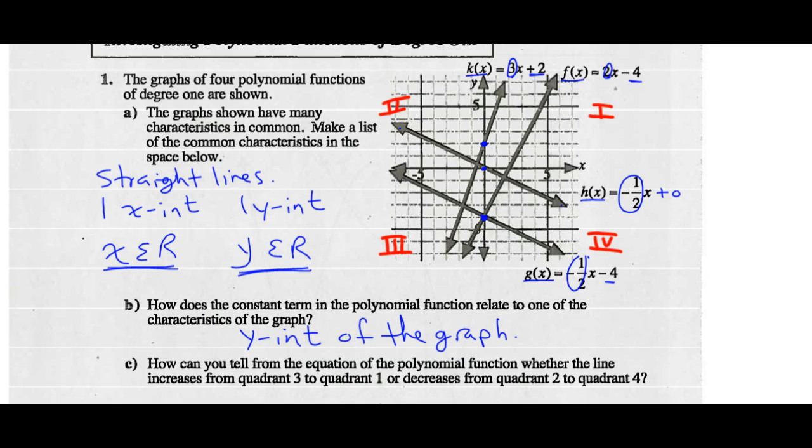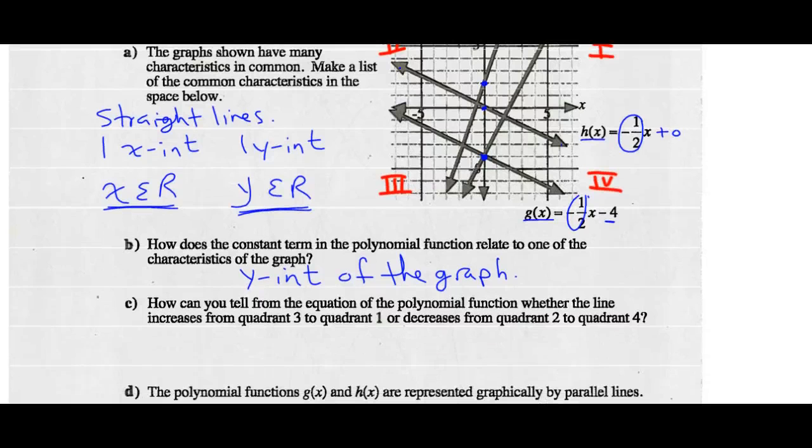So we could say something like, increase from quadrant 3 to quadrant 1, we've got a positive leading coefficient.